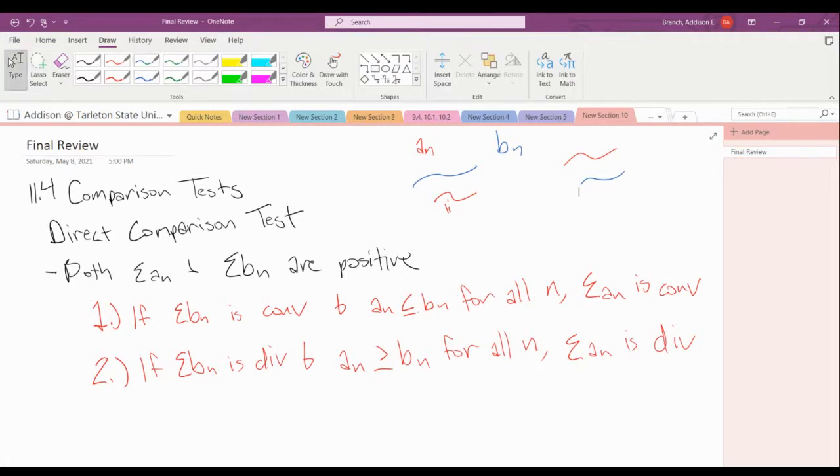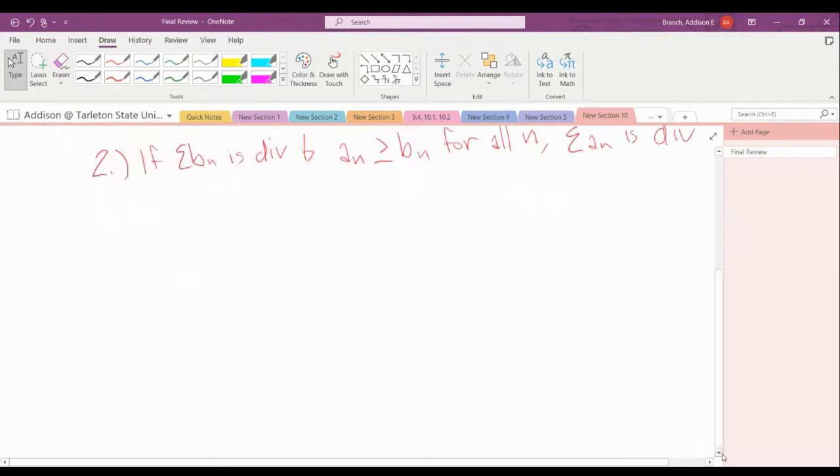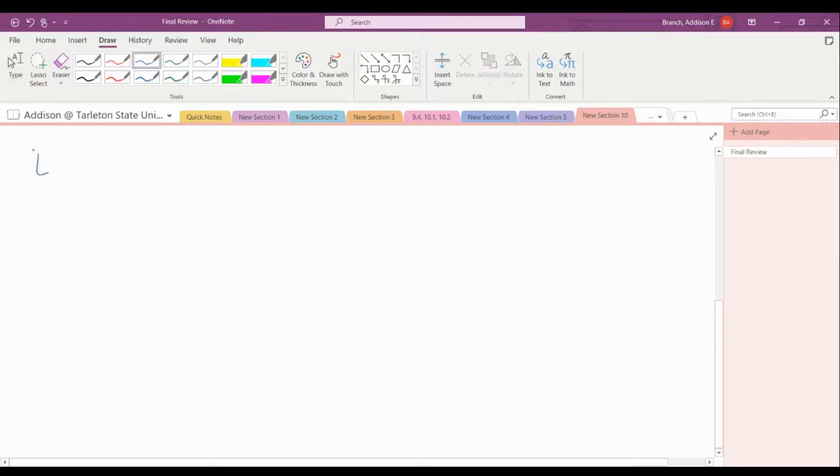With that being said, let's do a quick example with our direct comparison test. In this example, we have n squared plus 2 over n to the 4th plus 5.